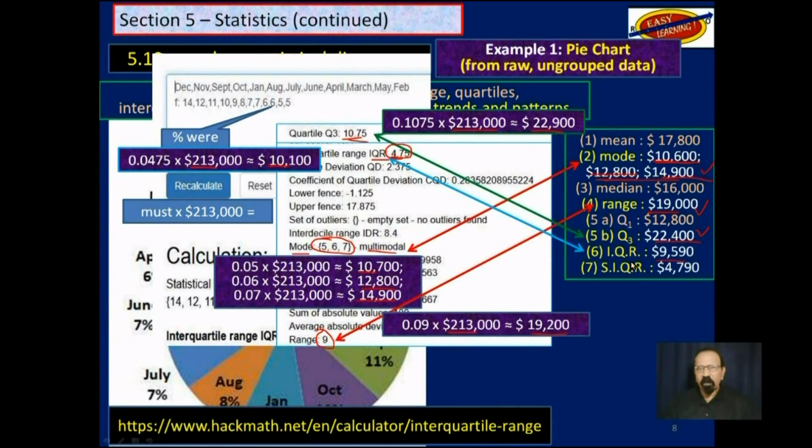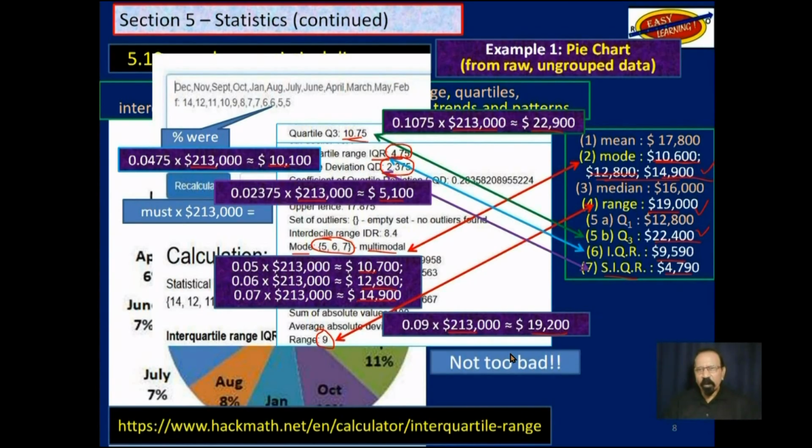Over here we have 9,600. Not too bad. Semi-interquartile range, from the calculator, 2.375, multiply by 213,000, we get 5,100. Over here we have 4,800 almost. So our answers are very close to the online calculator.